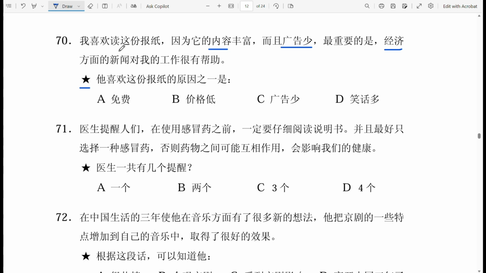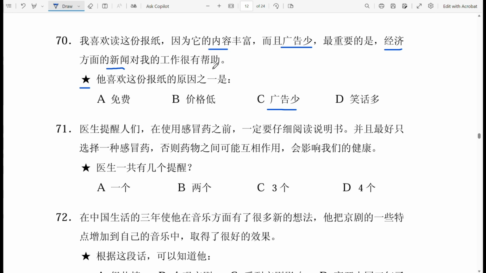So 我喜欢读这份报纸, I like to read this newspaper, 因为它的内容 because its content 丰富 is very rich and enriching, 而且 moreover 广告少, there are few ads, so we have I guess our answer. 广告少最重要的是, the most important thing is 经济方面的新闻, the news relating to 经济, the economy, 对我的工作很有帮助, are very helpful for my job.